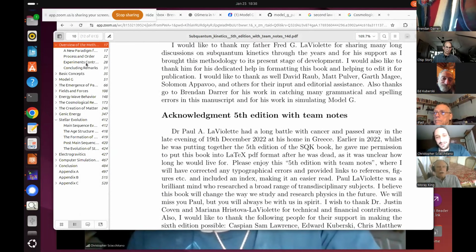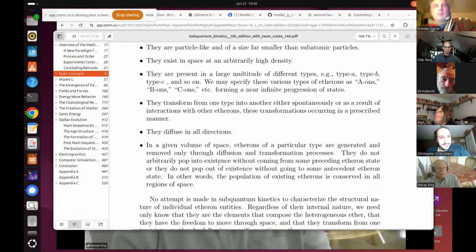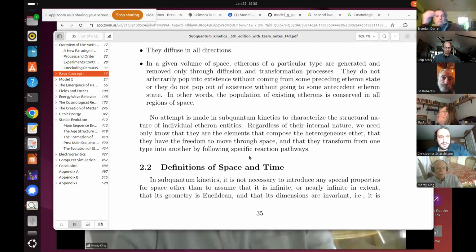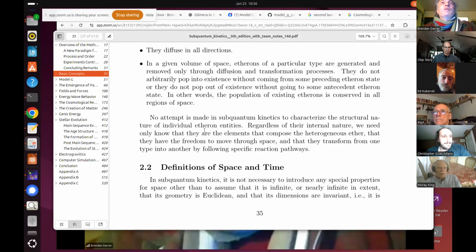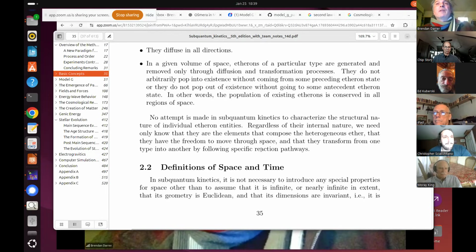It can't be bigger than 10 to the negative 13, is all I know. I'll read it right here. He wrote the book, he has his postulates. He postulated the etheron as the basic particle of the theory. So what is the size of the etheron? No attempt is made in subquantum kinetics to characterize the structural nature of individual etheron entities. Regardless of their internal structure, we need only know that they are elements that compose the heterogeneous ether, that they have the freedom to move through space, and that they can transform from one type into another by following specific reaction pathways.